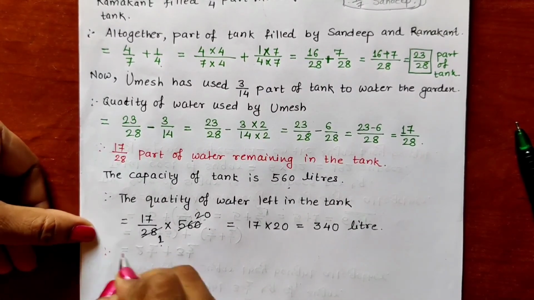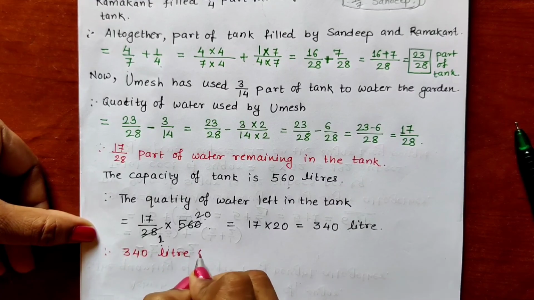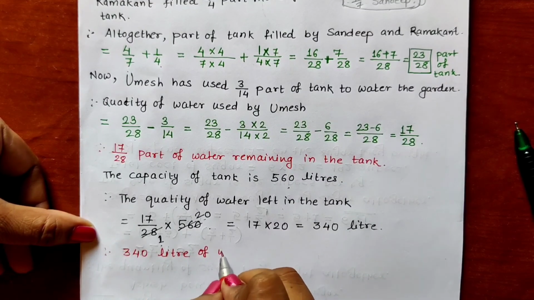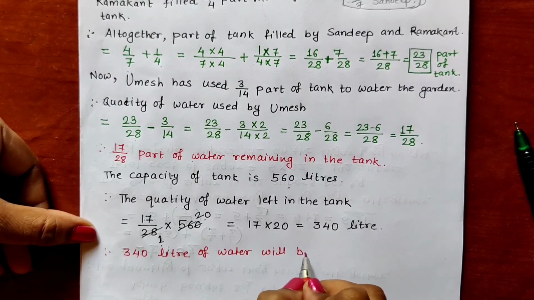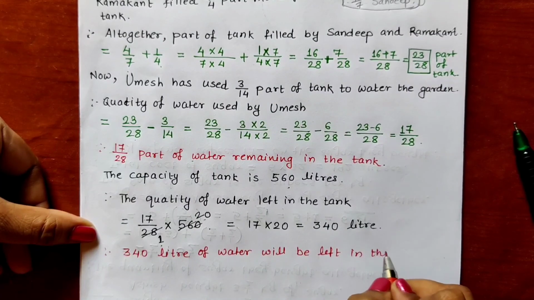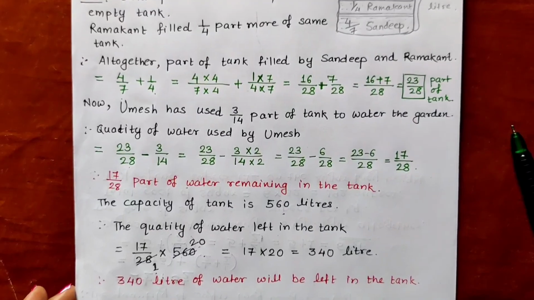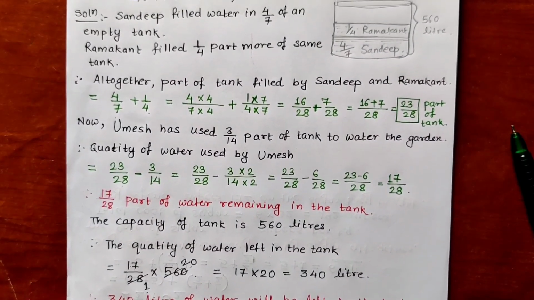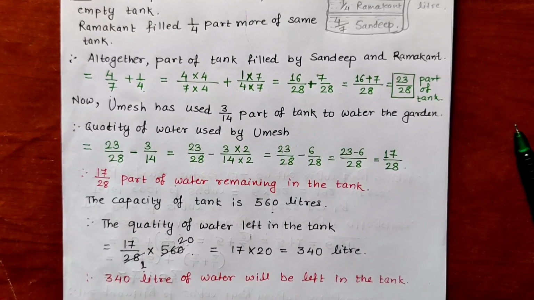Therefore, 340 liters of water will be left in the tank. So in this way, by using statements, you can solve this sum. Use all the statements properly, carefully, and solve the sum.